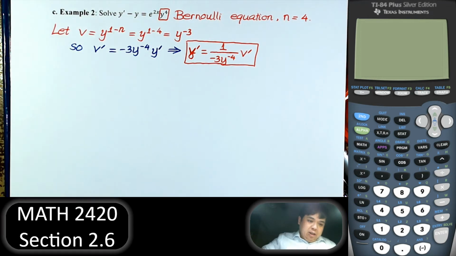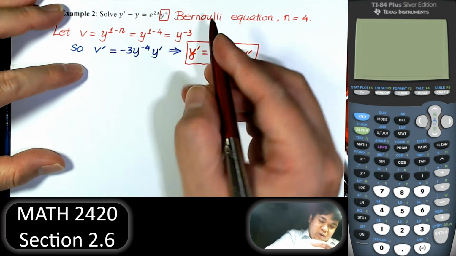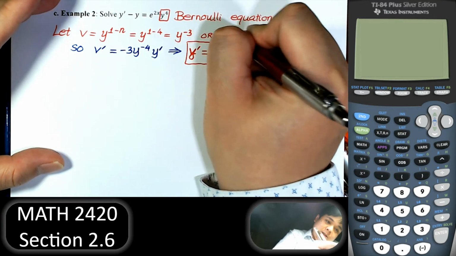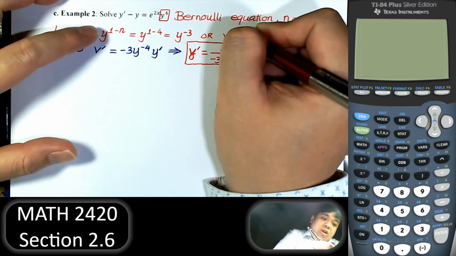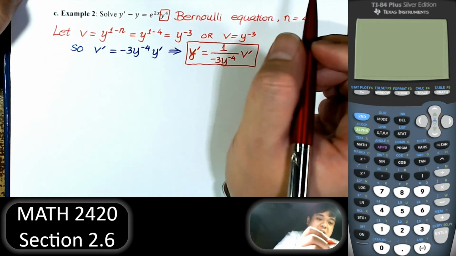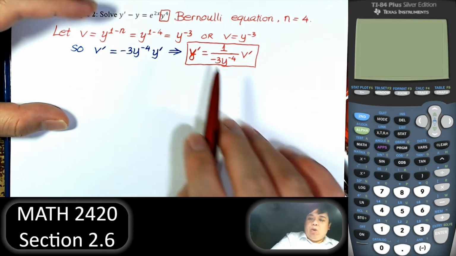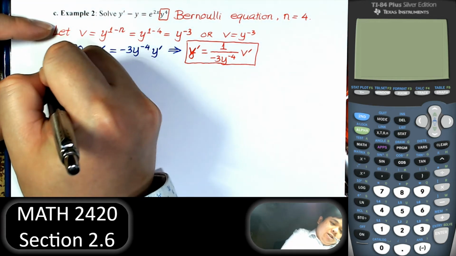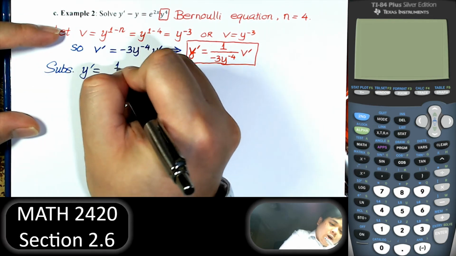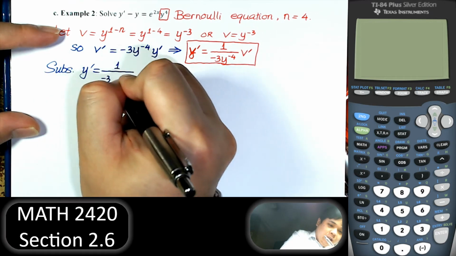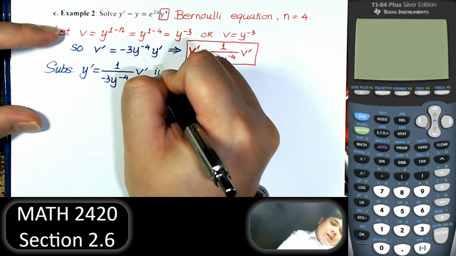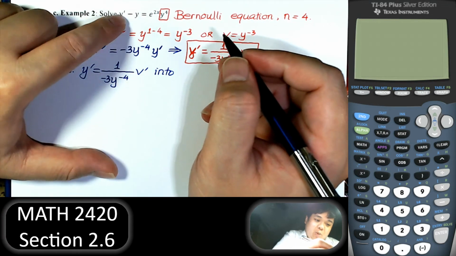And this is the only thing we need to substitute into the equation. So once again, v is equal to y to the negative 3. We do not need to solve for y in terms of v. That's all we need, it's y prime. Substitute y prime equal to 1 over negative 3 y to the negative 4 times v prime into the equation, just for y prime.